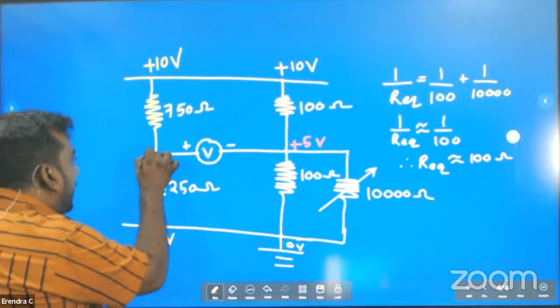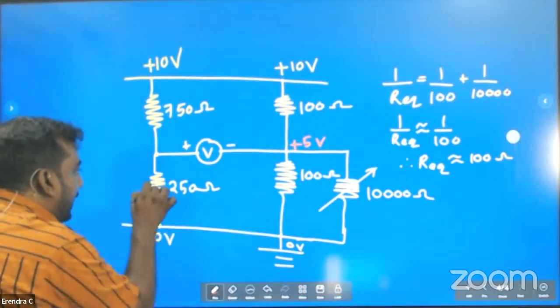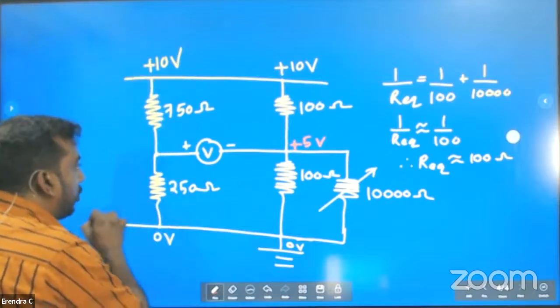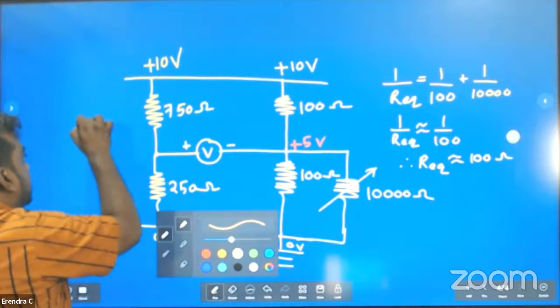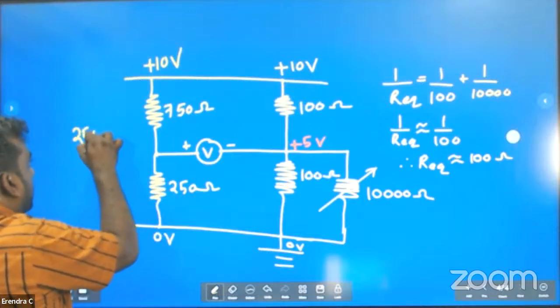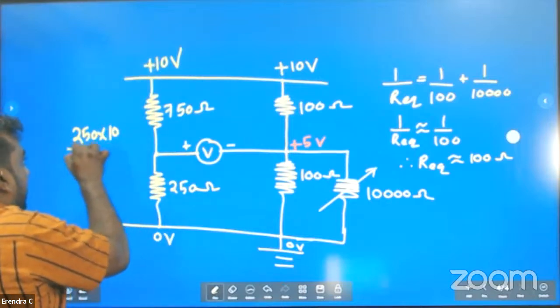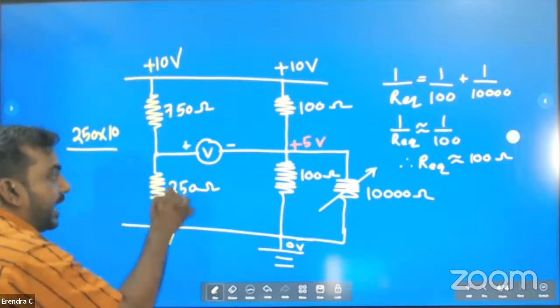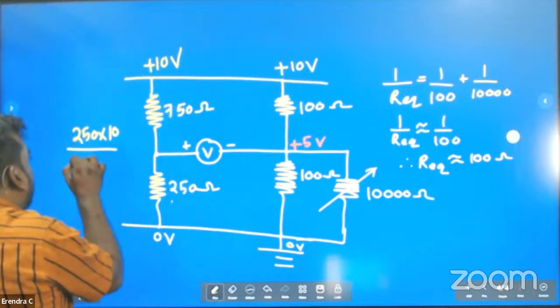Now you need to find the voltage here. How are you going to find the voltage there? Look, resistance into total voltage, divided by the addition. Resistance 250 multiplied by total voltage, divided by 750 plus 250.